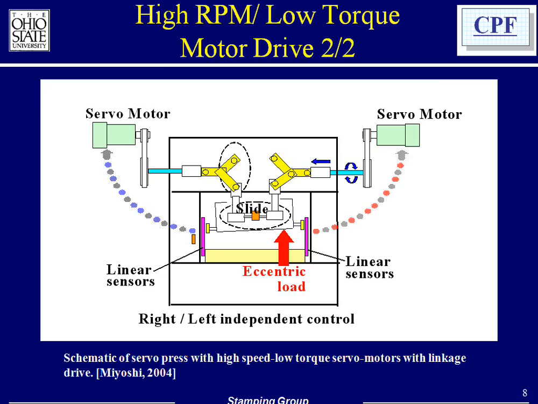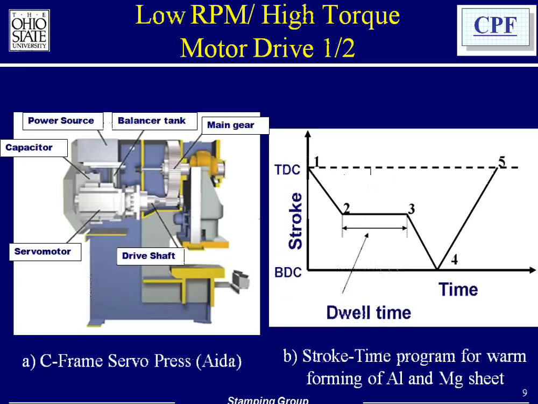I'm going to slide number 9. This is, again, one of the C-frame type servo presses that I happen to work with. And what you see here is that the mechanical design of the C-type press was not changed. The only thing that was changed is that, instead of a flywheel, a servo motor with a capacitor as a power source was attached to the press.